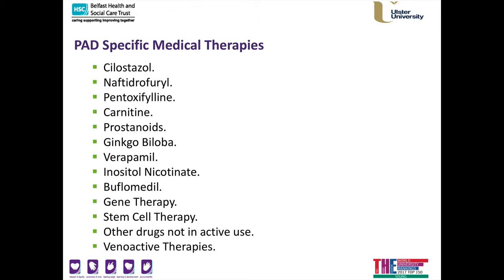I've recently been involved in compiling a book chapter on peripheral arterial disease specific medical therapies, and there's a huge list of treatments that we can use. Some of these are herbal treatments such as ginkgo, and some of these are cardiac drugs. My own personal feeling from being involved in gene therapy many years ago is that we targeted a single factor in the gene therapy cascade.